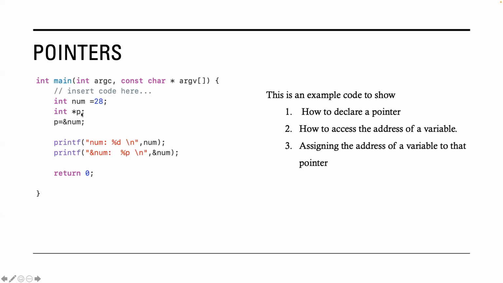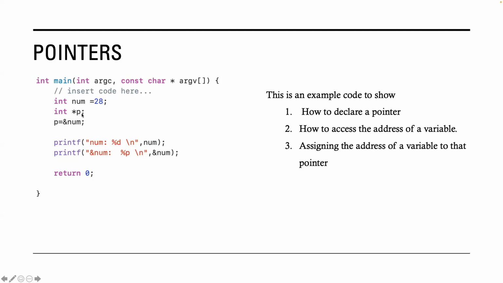After that, we declare a pointer called p using this star mark. So if we put star before the variable name, it becomes a pointer.